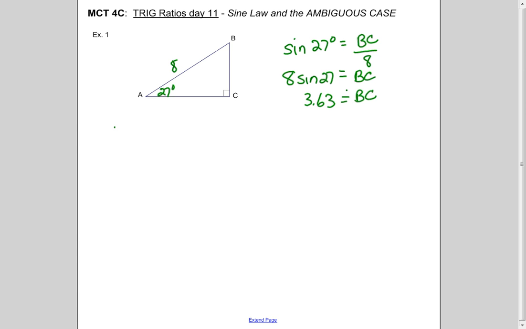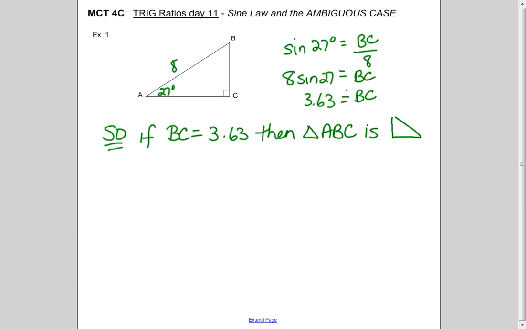So, this is what I know. If BC is exactly equal to 3.63, then triangle ABC is a right angle triangle, and there is one solution.